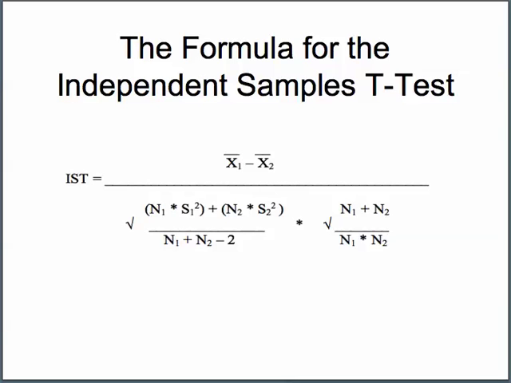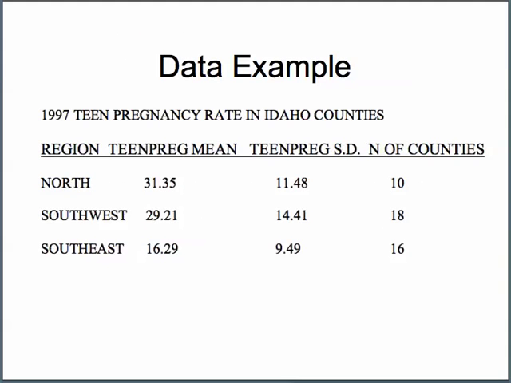Let's take an actual example from our discussion of Idaho regionalism. Here is the example. This example takes data from the three regions of Idaho on the mean teen pregnancy rate from 1997.